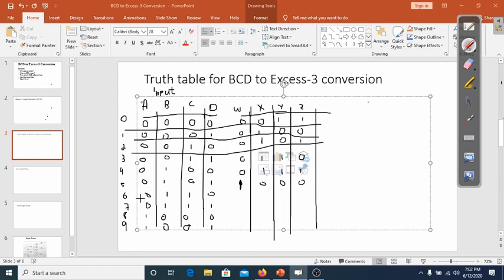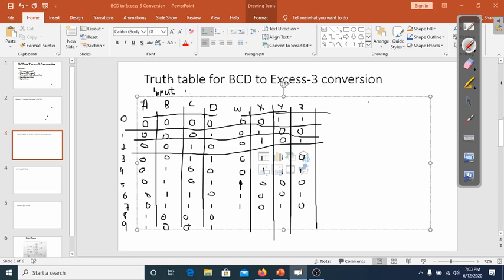For 6, I add 3, so the Excess-3 would be 1 0 0 1. For 7 it would be equal to 8 plus 2, which is equal to 10. So what I am doing is adding 3 to the BCD code, and I get the Excess-3 code.